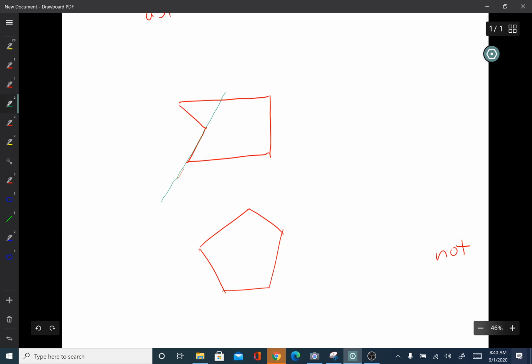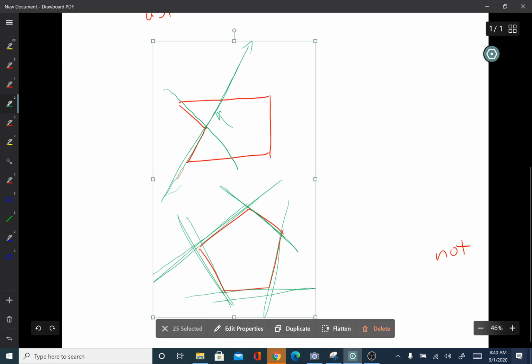See how it cuts through the shape? If it cuts through the shape when you draw a line on a side, then it's concave. If it does not cut through the shape, then it's convex. So this one cuts through the shape right here, and this one does not. So that's why the second one is convex and the first one is concave.